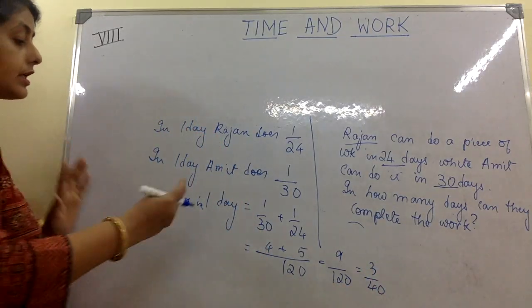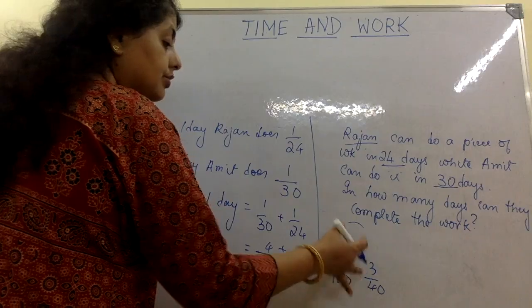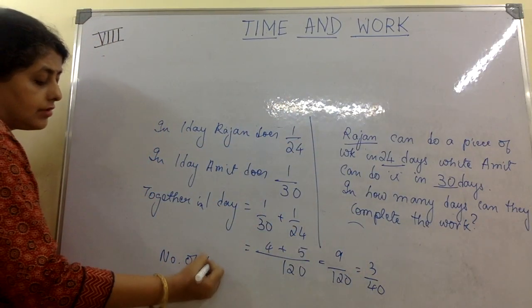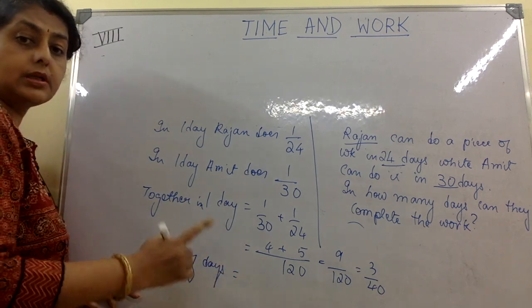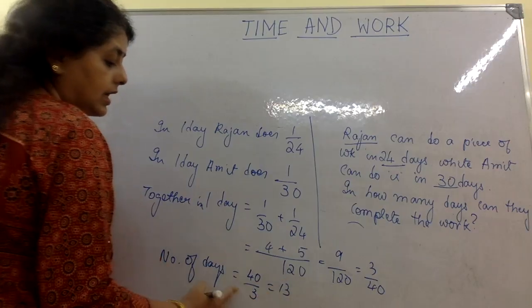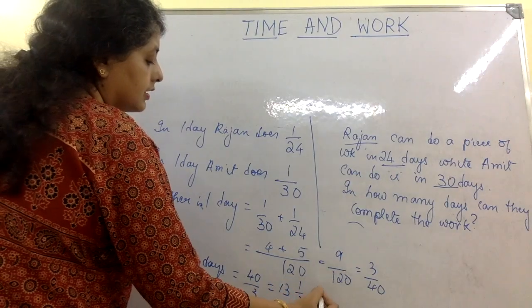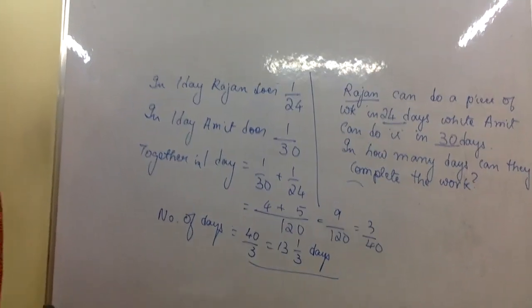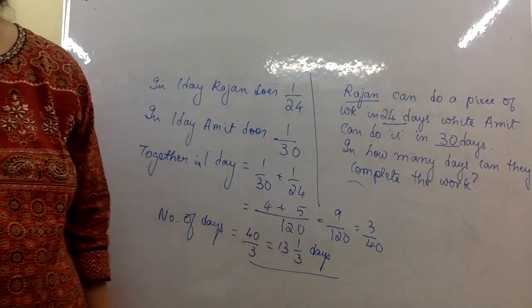So if they are working together, in 1 day they do 3/40th of the work. Number of days they take to complete the full work will be 40 by 3, which is 13 and 1/3 days. Full 13 days and another 1/3 day it is going to take.